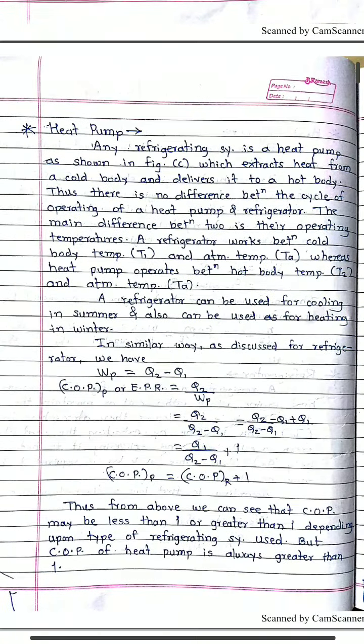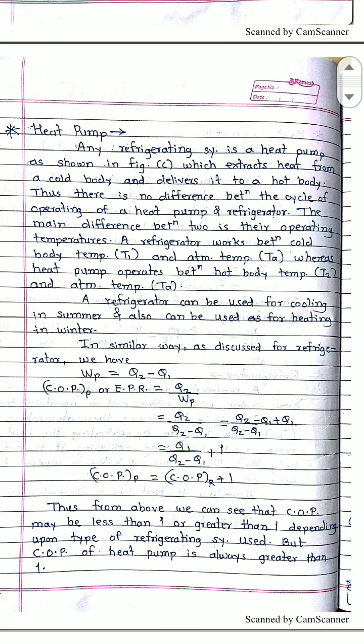Next, the COP of a heat pump is similar to the refrigerator. The work input to the pump is Q2 minus Q1, which is the same as the refrigerator, but here the COP of a heat pump is equal to Q2 divided by WP, the work input to the pump, because here the heat delivered is Q2. Therefore COP is Q2 upon Q2 minus Q1.